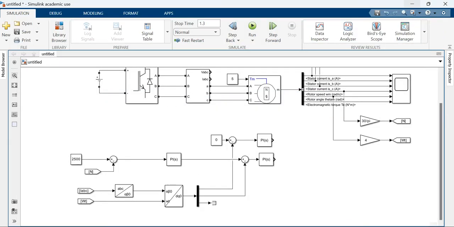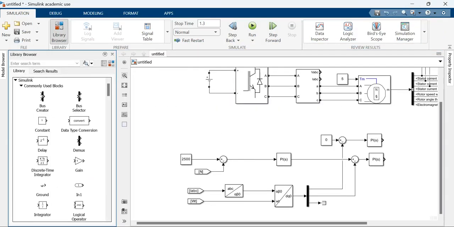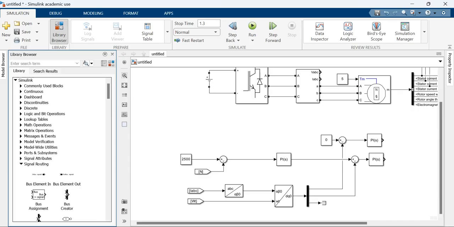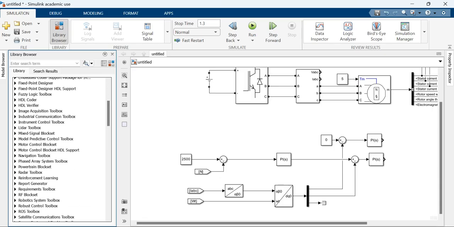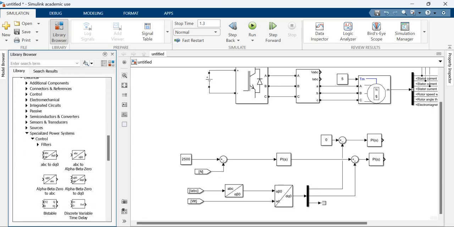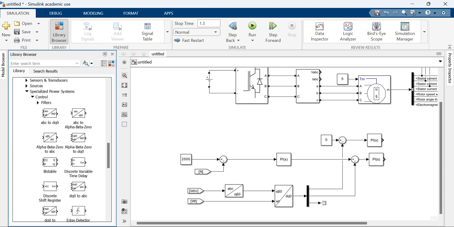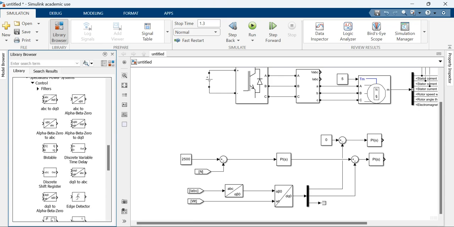So I need a DQ to alpha beta. Again I go here. I need DQ to alpha beta, which is available in control. Look at this, DQ to alpha beta. Yeah, it is available here.